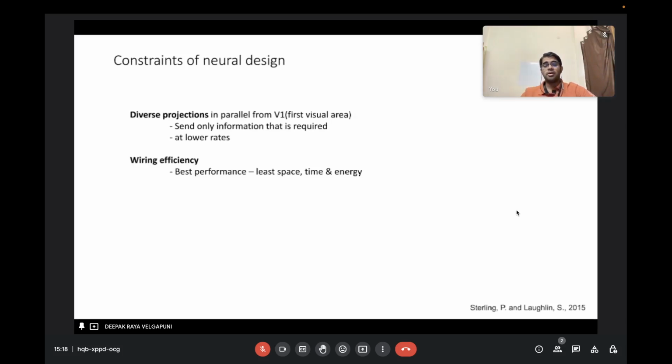And then coming to the wiring efficiency. In the least space, time and energy, you want the best performance. This is what you want in electronic circuits also. And this comes with various design principles such as the save wire principle. You want to place the connections of the brain such that it minimizes the total wire length compared to any other configuration possible.